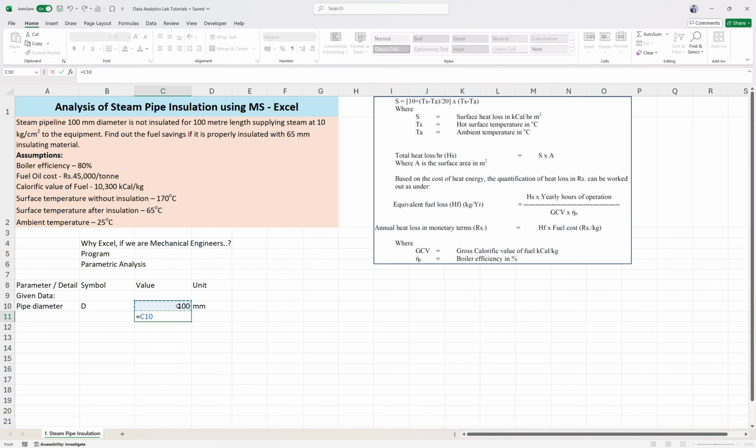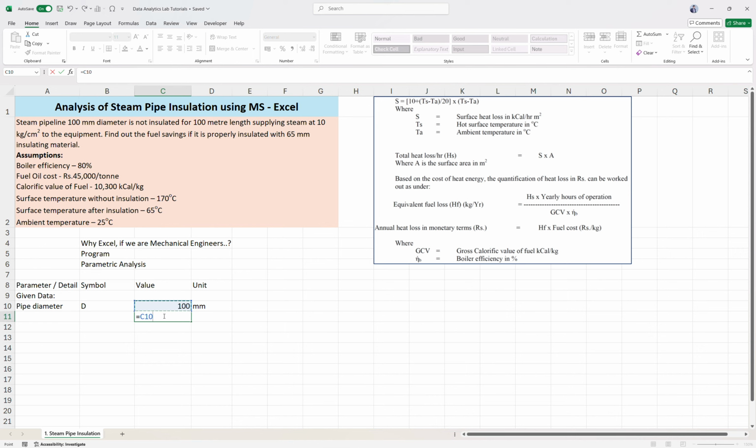I have selected this quantity with the help of my mouse key, or I can select it with the help of my arrow key. Any cell I can select. In this way, I am telling Excel that whatever is the value in that particular cell, cell number C10, C is the title of this column, while 10 is the row index.